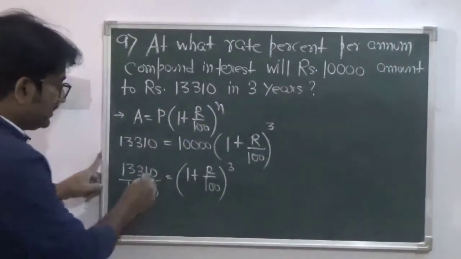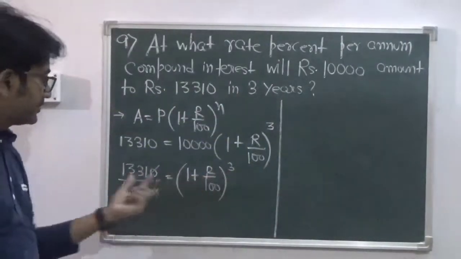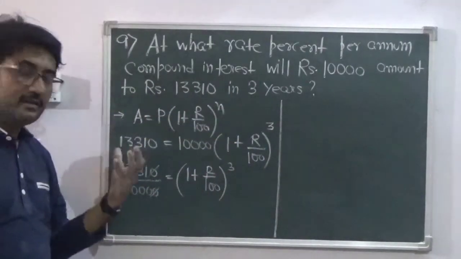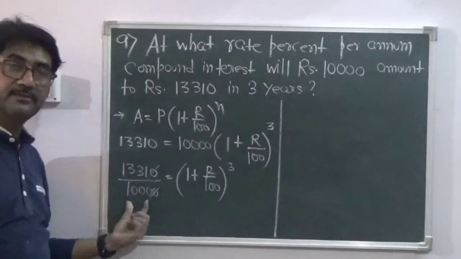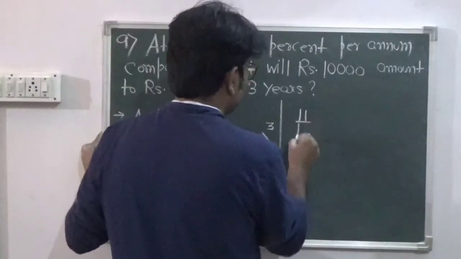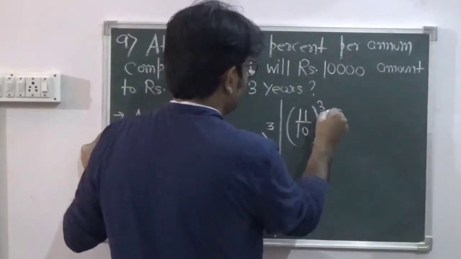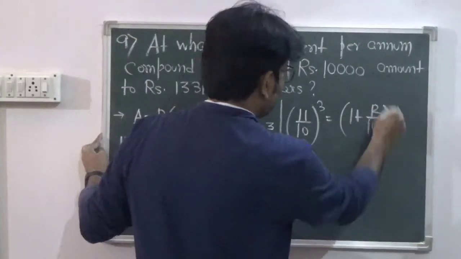So let us see what it comes to. It is a cube. So which number's cube is 1331? 11 cube is 1331 and 10 cube is 1000. So it is 11 by 10 cube. This is what you have to do. And the right hand side is 1 plus R by 100 to the power 3.